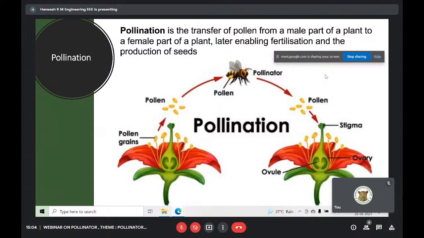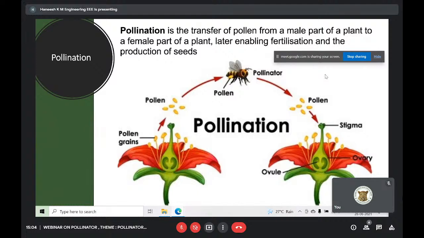In the trees and the plants, reproduction happens through pollination. Most of the angiosperms, the flowering plants, try to reproduce through pollination.